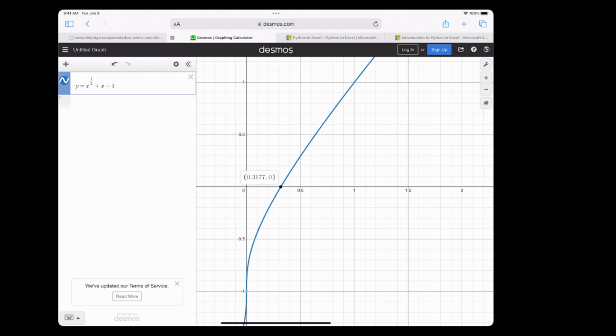The thing about Desmos is this. You see that interval between 0 and 1? Didn't we just show f of 0 is -1, and f of 1 is 1, which is positive.